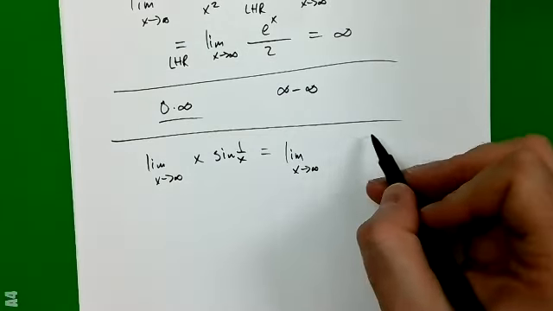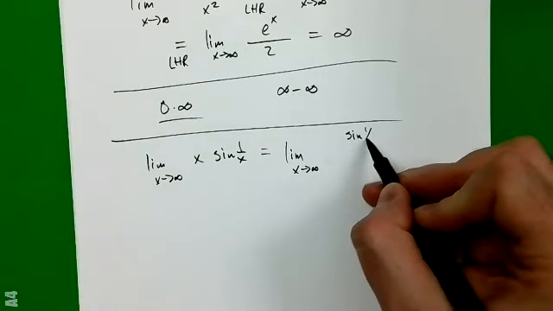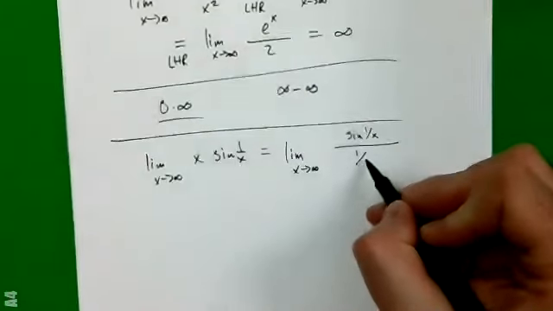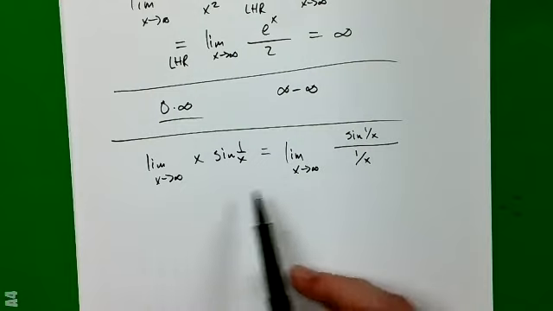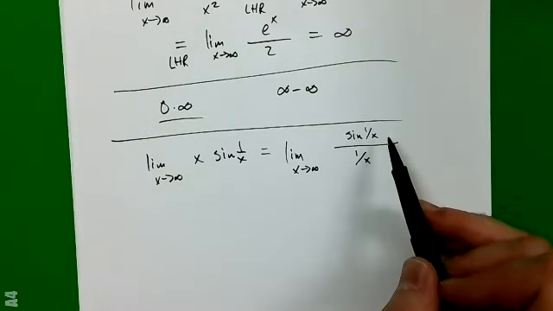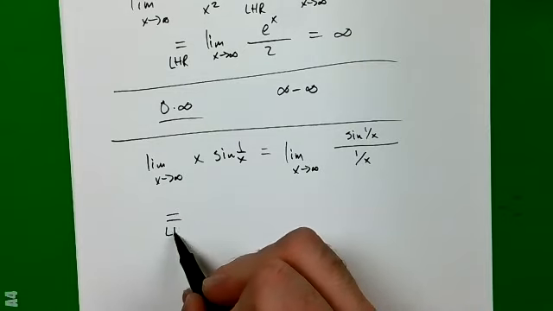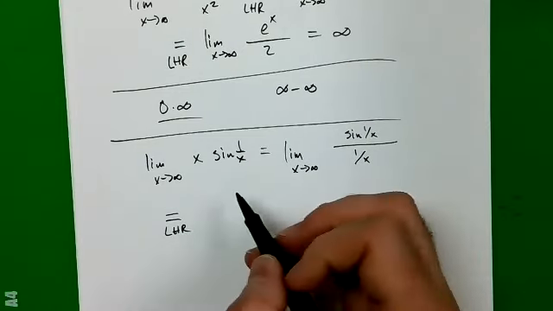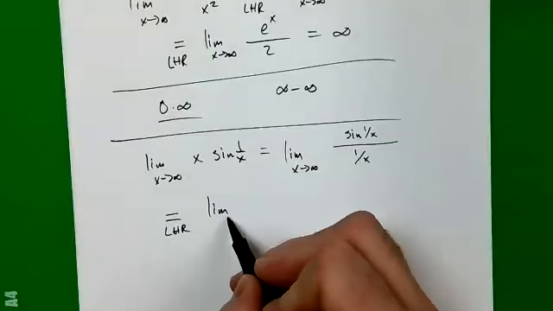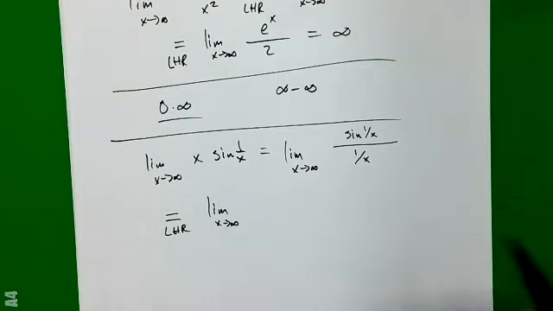So we can say the limit as x goes to infinity of sine 1 over x over 1 over x. Those are equal. And now that is a 0 over 0 indeterminate form. So we can use L'Hopital and take the derivative of the numerator and the denominator, and they will be equal in limit.